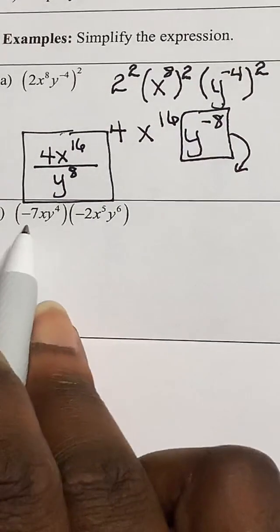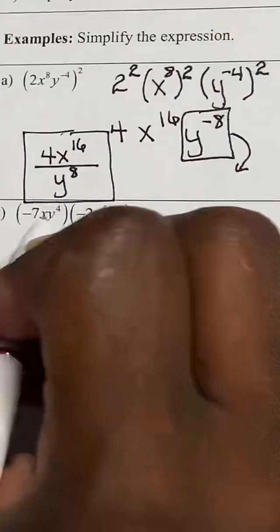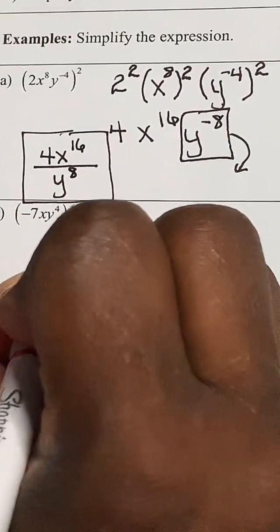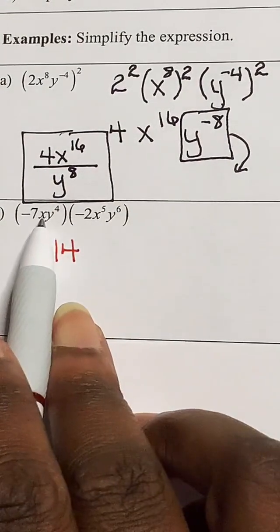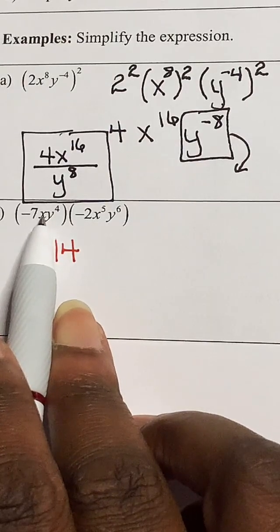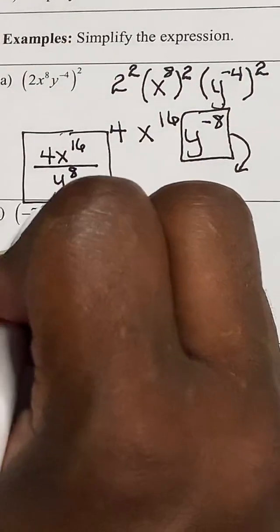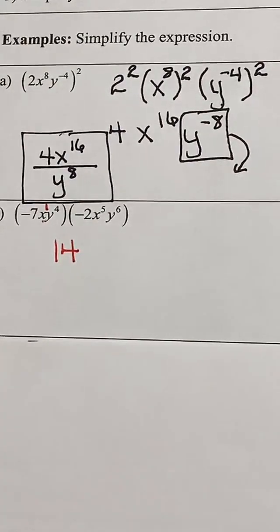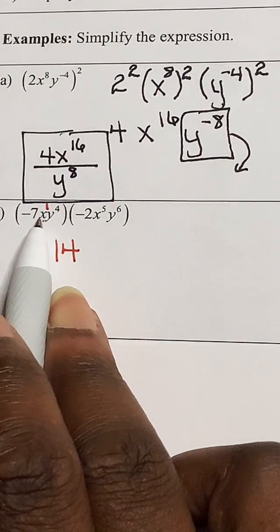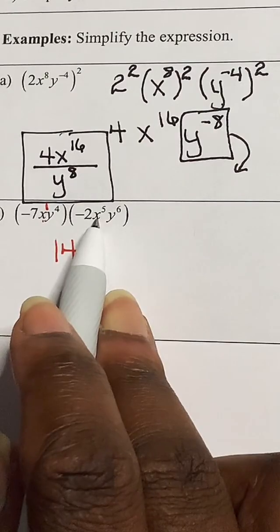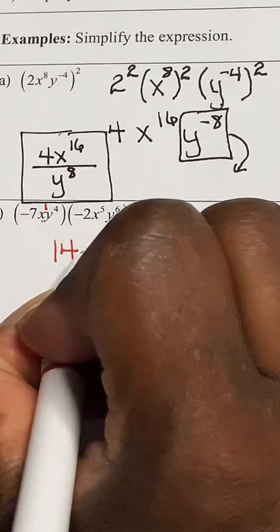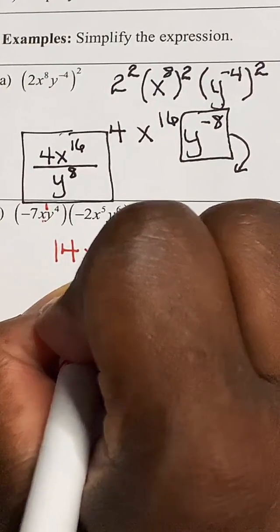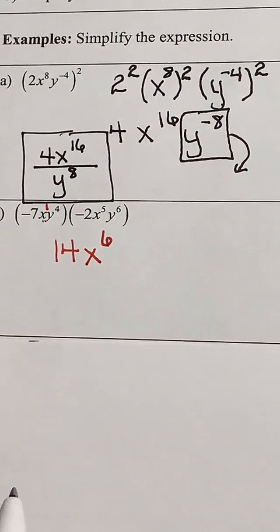Okay, so -7 times -2 gives me a positive 14. So now we're getting our x's. If you don't see an exponent, it's assumed that there is a 1 there. So you have x to the 1st power times x to the 5th power. That keeps the base of x, but you add the exponents, which will give me x to the 6th power.